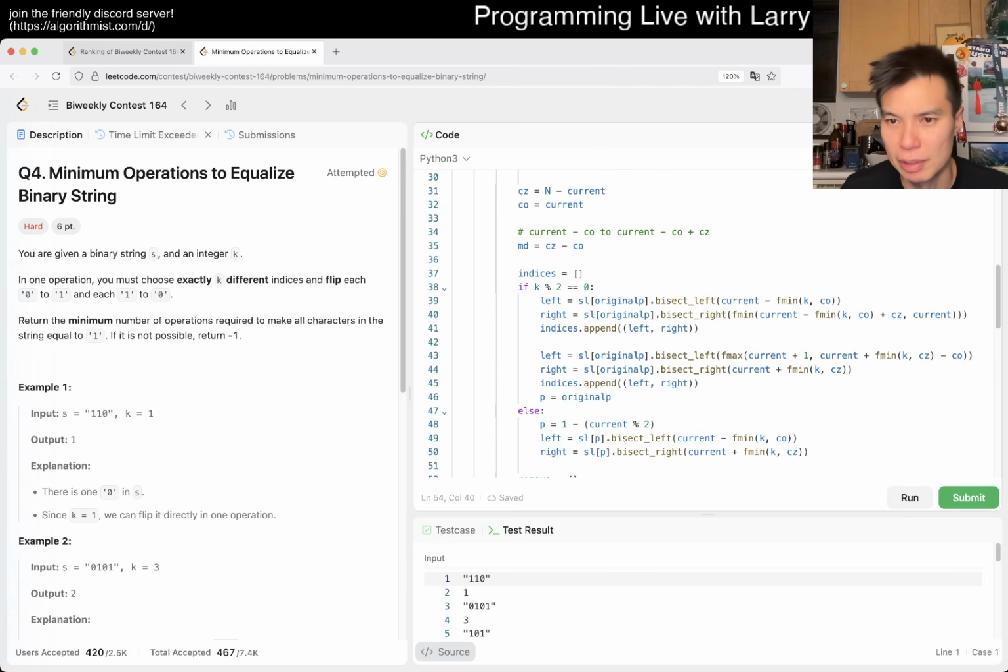The current would not be in there anyway, because we should remove it, so that doesn't make sense.